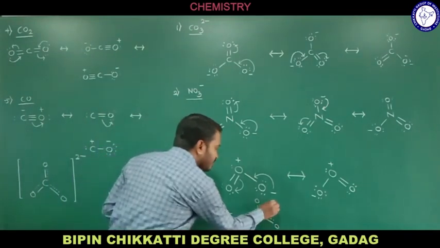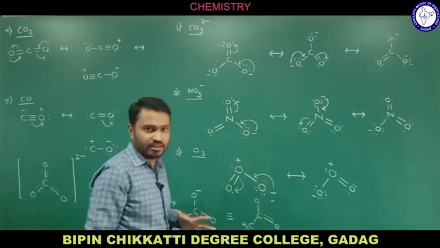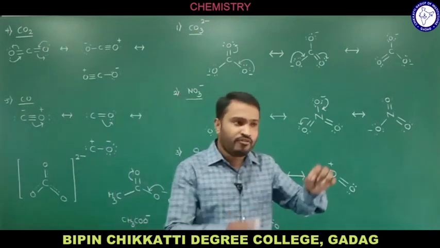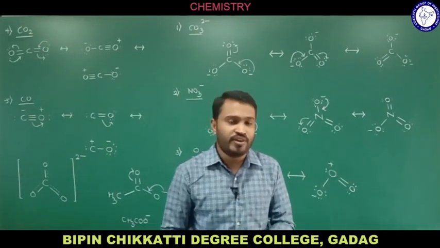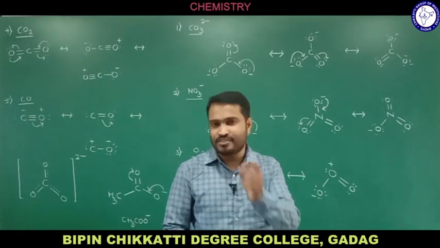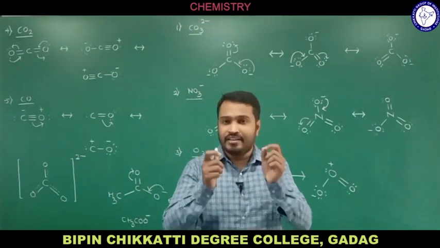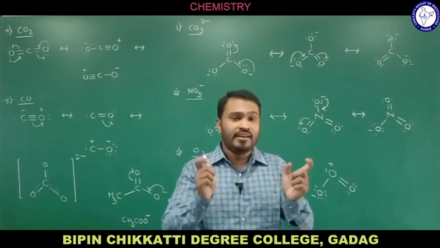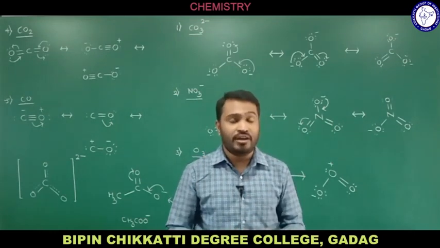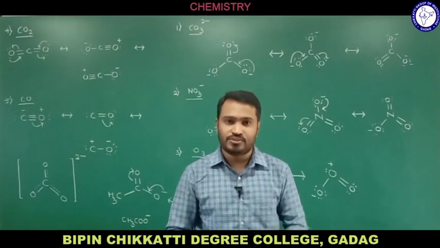Of course we can mention the charge minus over here. This is how we can represent resonating structures in inorganic molecules and also in organic molecules, and this helps us write many chemical reactions by knowing the concept of resonance.